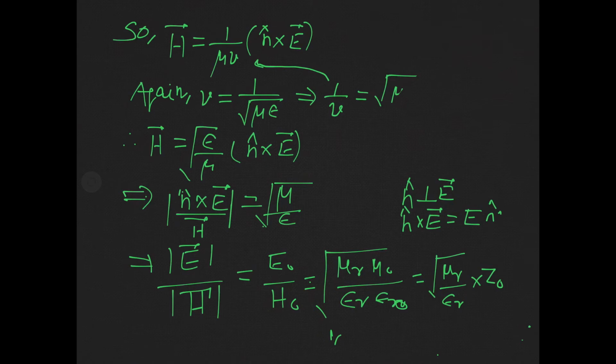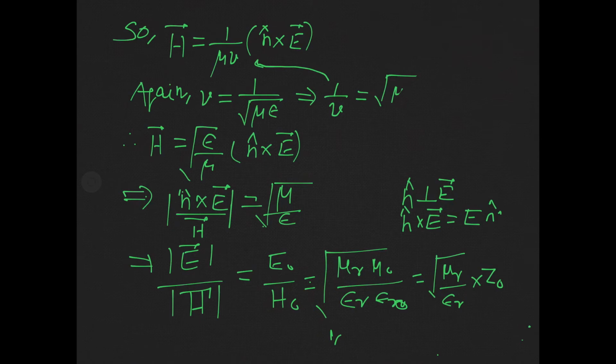So you can write this, mod of E by mod of H equal to E naught by H naught, and this will be equal to what? You know mu is equal to mu r into mu naught, and epsilon is epsilon r into epsilon naught. Now we know that the square root of mu naught by epsilon naught is actually equal to z naught, which is the intrinsic impedance of the free space.